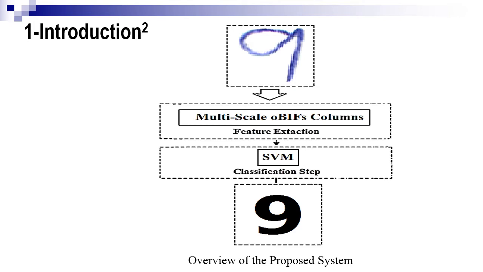The schematic diagram of the proposed method is shown in figure 1. First of all, we use the proposed multi-scale OBIF columns for extracting the feature vector, and after that we use the SVM classifier for classifying the test image into 10 classes.